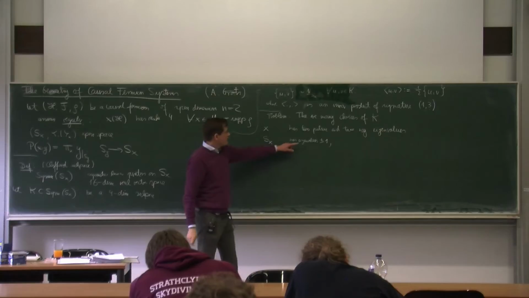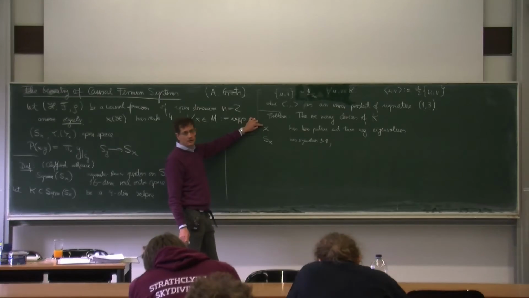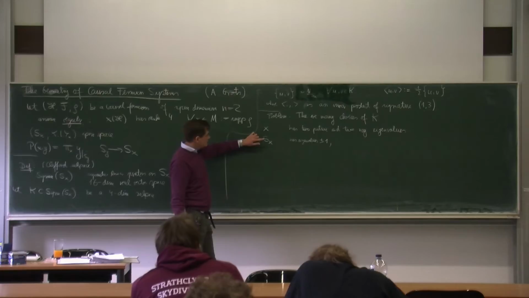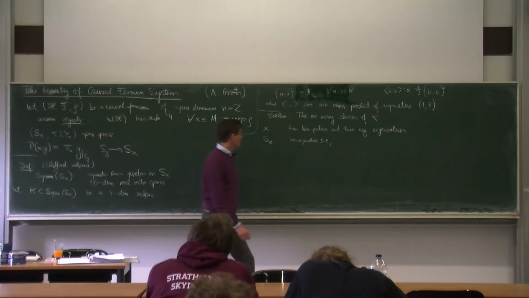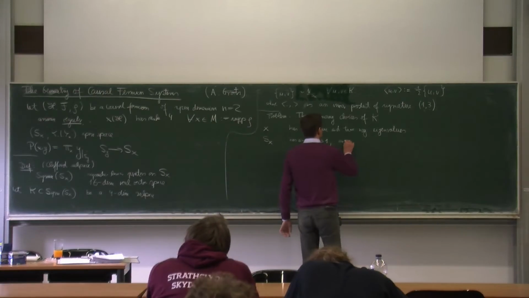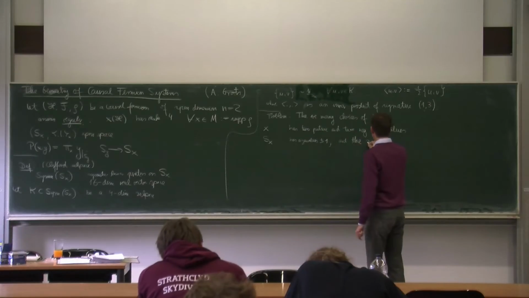The eigenspace corresponding to plus 1 is the same as the eigenspace corresponding to the positive eigenvalue here, and the eigenspace to minus 1 is the same as the eigenspace of the negative.